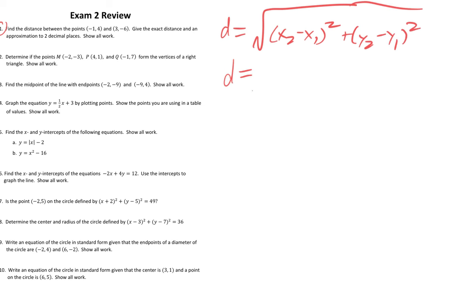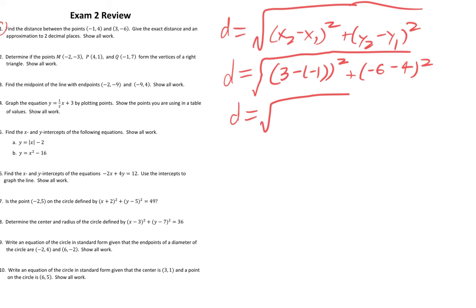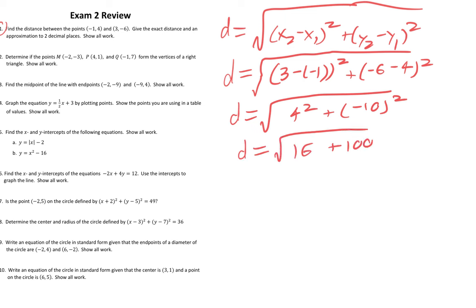So our distance is going to be equal to the square root of (3 minus -1) squared plus (-6 minus 4) squared. It's going to leave us with d equal to the square root of 4 squared plus (-10) squared, right?